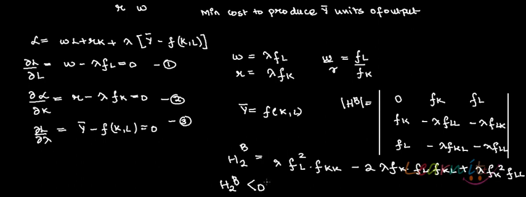Lambda is nothing but the marginal cost here, and since it is greater than 0, we assume this. So what you basically have is F square L FKK minus 2 FK FL FKL plus F square K FLL.